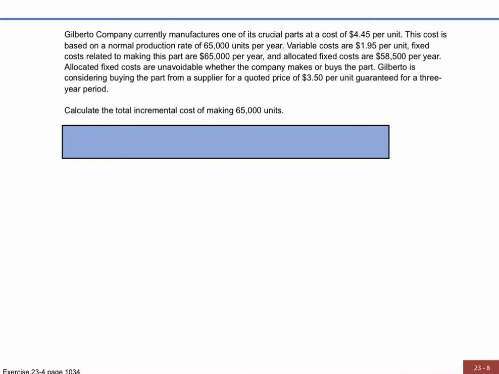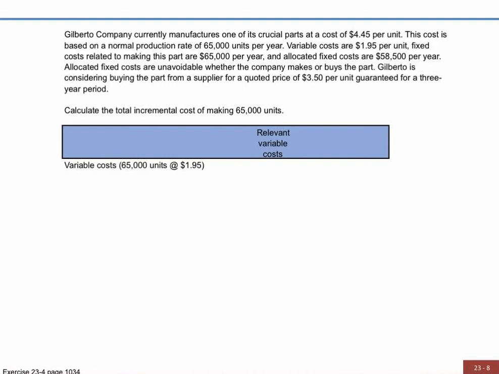So what we're considering as an alternative is, instead of making this part, purchasing the part, and the purchase price would be quoted at $3.50. So we want to set this up as an apples to apples comparison where we can make a decision. So we're going to want to chart out the relevant information here for that decision.